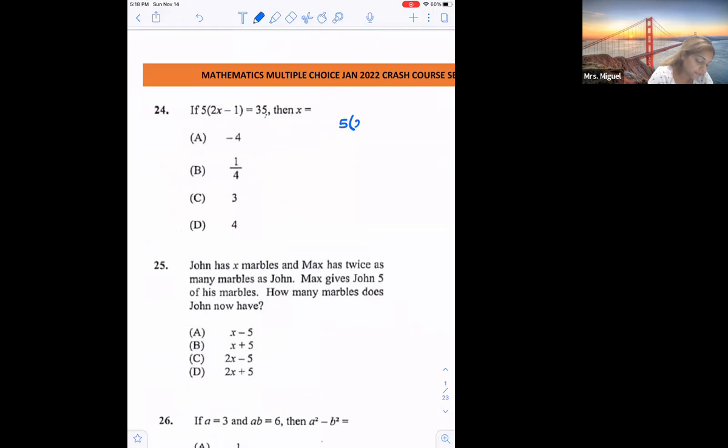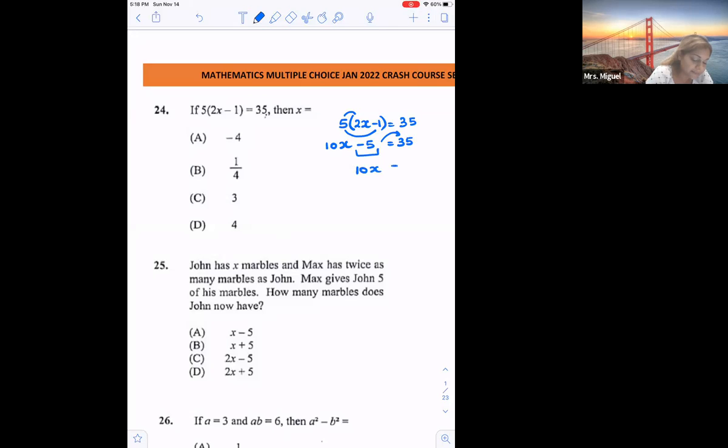5 multiplied by 2x minus 1 is equal to 35. So we can use the distributive law and distribute the number outside to each term inside. So 10x minus 5 is equal to 35. When we remove this and carry it to the other side, the sign needs to change.